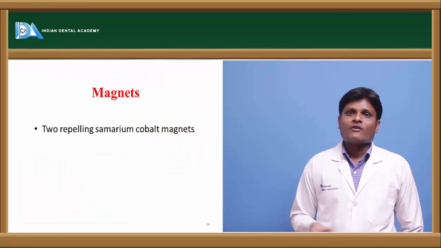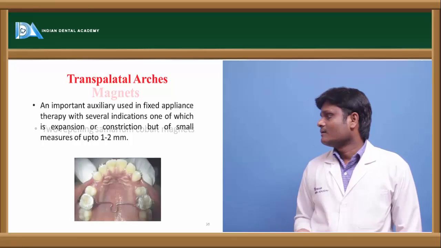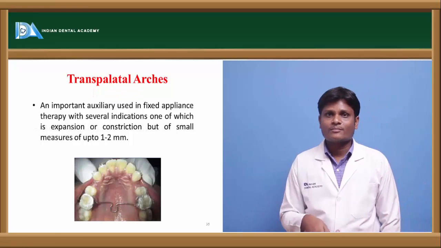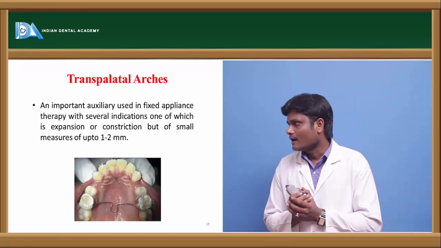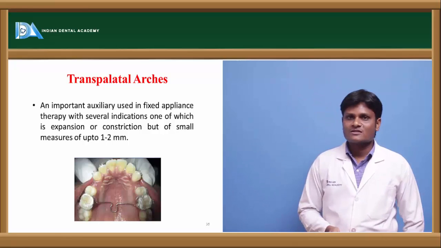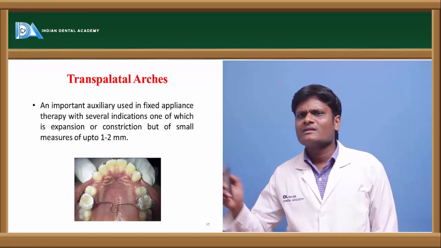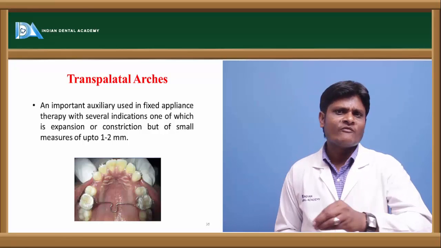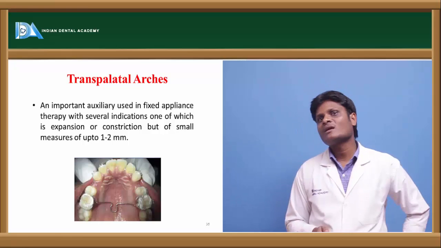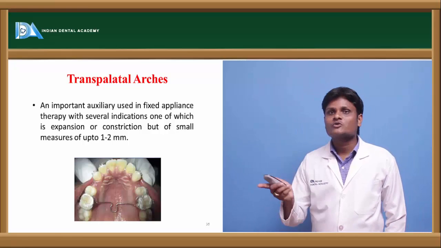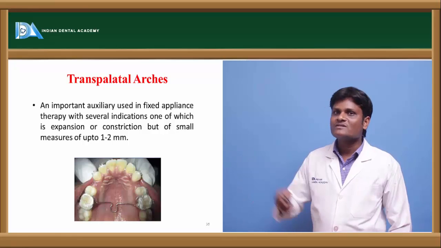And two repelling magnets of samarium cobalt placed in the split acrylic plate on either side, thereby the repelling forces will cause expansion of the arch. And even transpalatal arch, but the expansion with the transpalatal arch is very minimal. 1 to 2 mm of expansion, particularly in the region of first permanent molar, can be achieved. Like single tooth cross bites of molar, we can use this appliance.